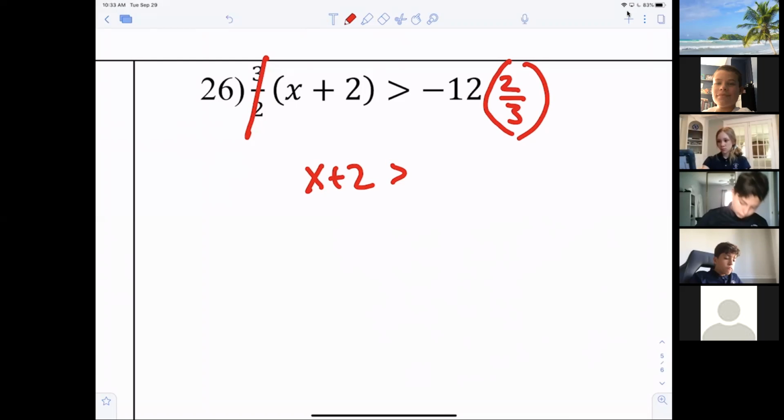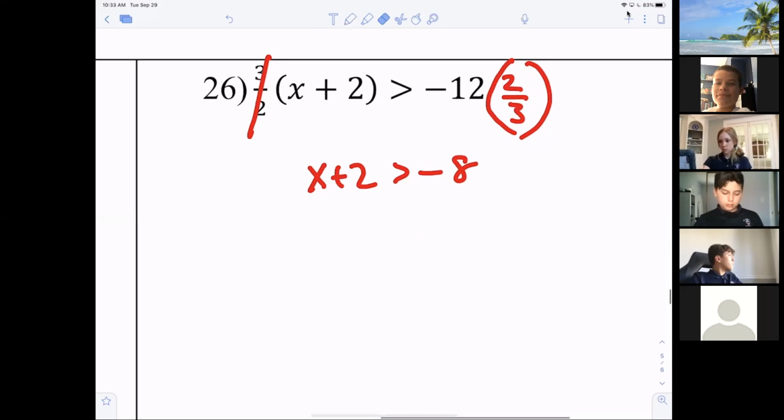No. Negative 8. Yes, negative 8. You didn't say it loud enough because you probably thought you were wrong. Thank you. So now, subtracting 2, x is greater than what? Negative 10. X is greater than negative 10.